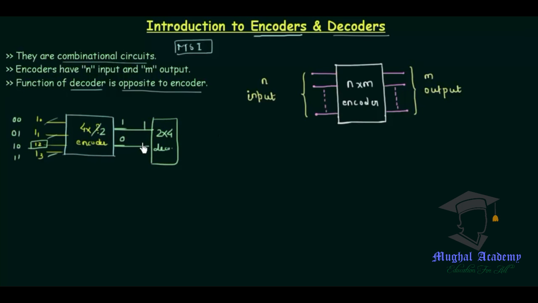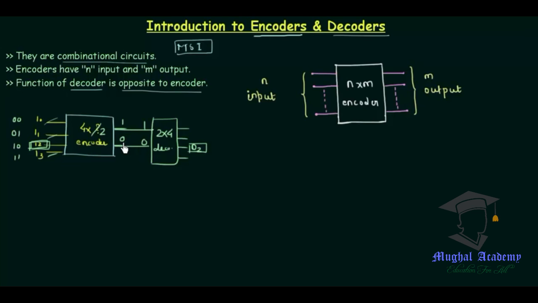We have figured it out, and it gives 1 0, and we know that 1 0 in binary gives us 2. So this is O2, output 2 in decimal. What we had high as I2, at this point we again got O2, and O2 and I2 are the same. So instead of sending the 4 data lines, we send the 2 data lines that you can see here. This is the core use of your encoders and decoders.